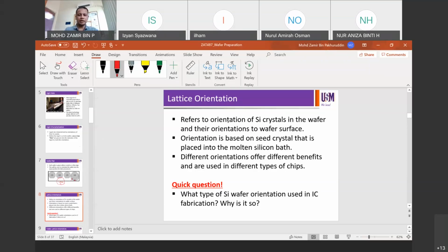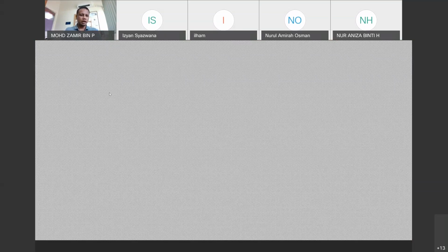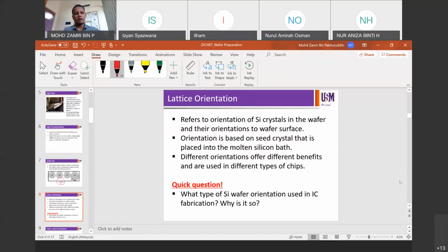Kita nak fabricate transistor kan? CMOS. Right, so let me... I'll give you 10 seconds. Any other guess while I'm searching on this? Anyone else? Okay, ada lagi?